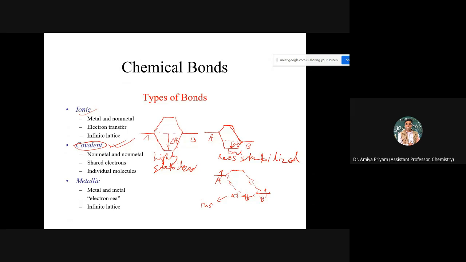So this is what happens when you consider the covalent bonding scheme, in this A and B type situation where the electronegativity difference is large.